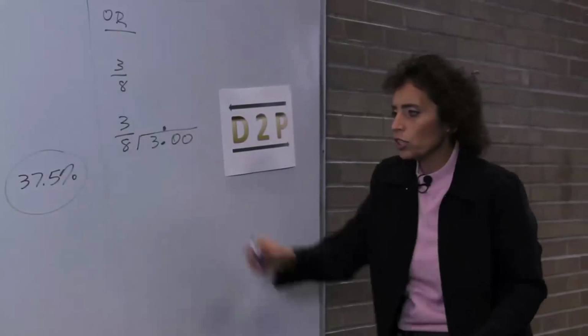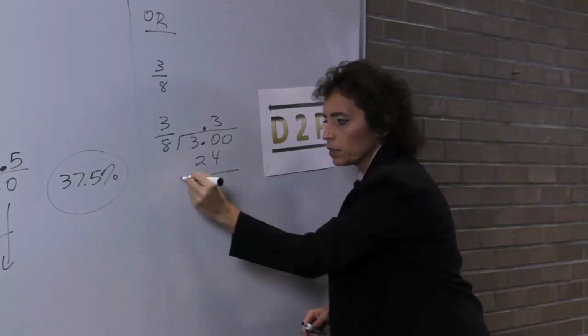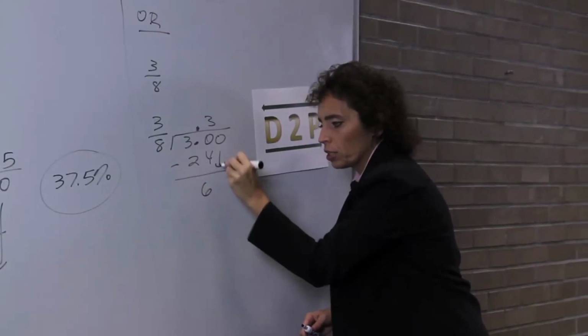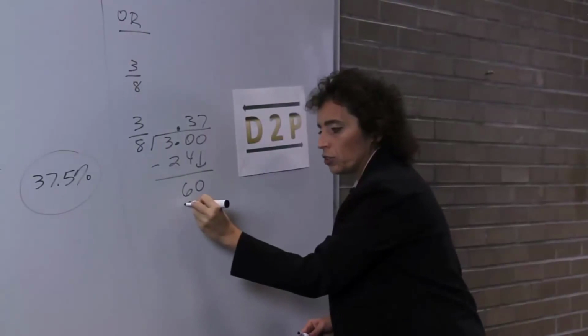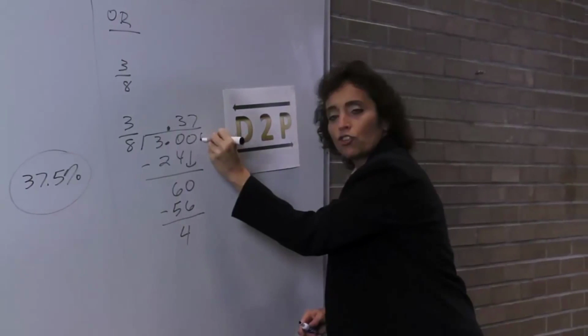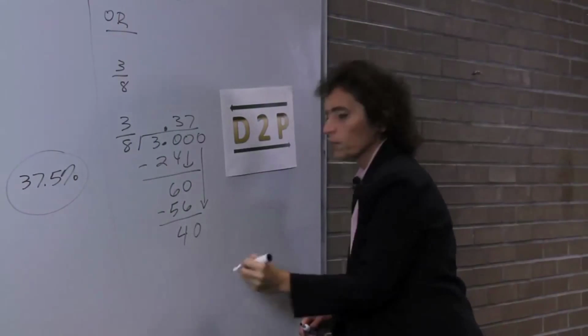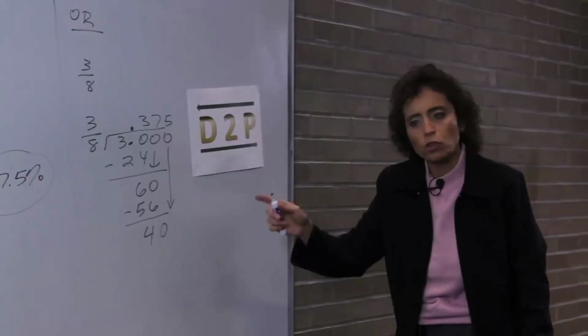Okay, 8 goes into 30 3 times. That makes 24. Subtract, you get 6. Drop the 0, you have 60. We have 8 times 7 is 56. Subtract, we get 4. Add a 0. 8 into 40 goes exactly 5 times, but you haven't multiplied by 100 yet.